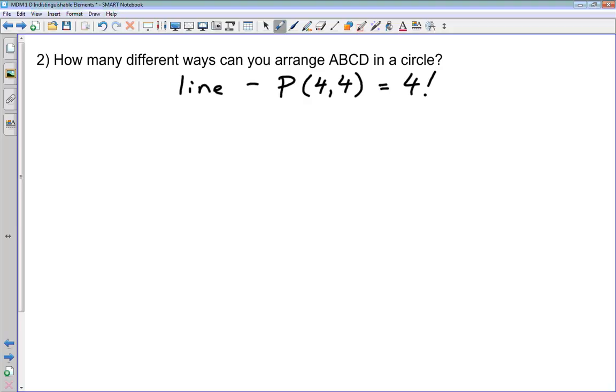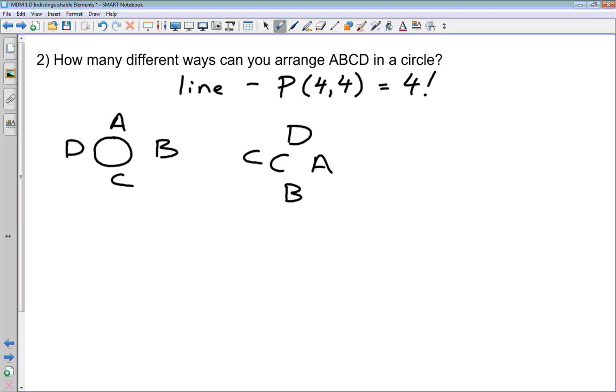We can think of arranging them like A, B, C, D around a circle like this. Or I could arrange it, maybe something like B, C, D, A around a circle like this.